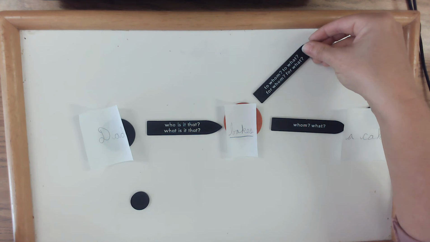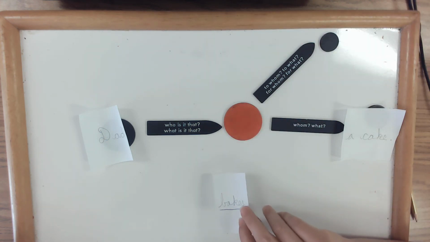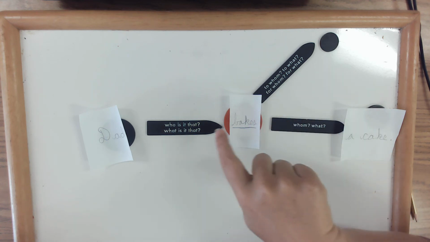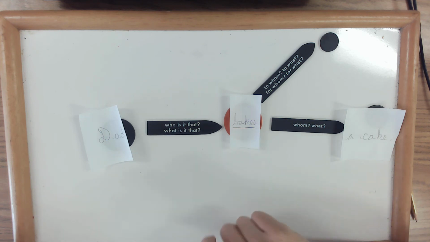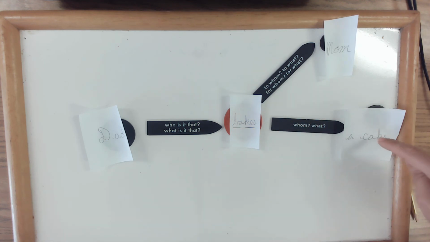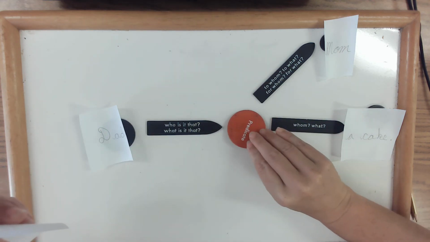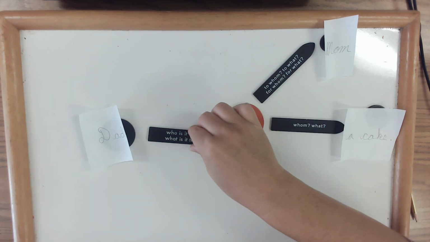That's this arrow. Now you notice all of the black arrows are coming off of the red circle for the predicate. That is because they all have to do with the predicate. They're either performing the predicate, they're receiving the action, or they're going to be receiving the direct object that comes from the predicate. So let's see what we have here. Again, bakes is our predicate. Dad is our subject.